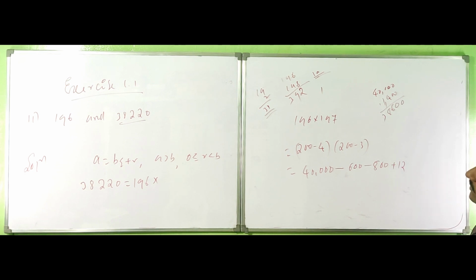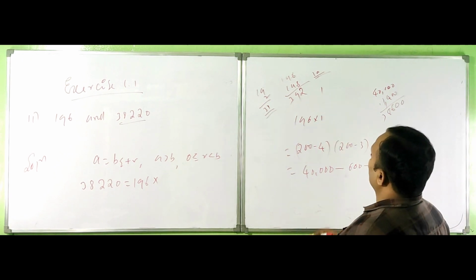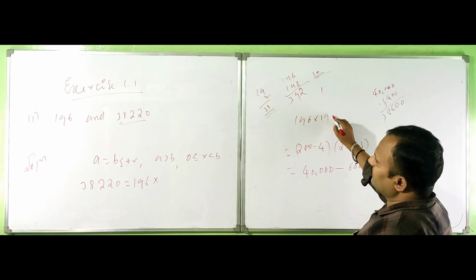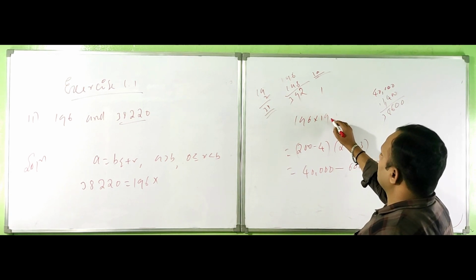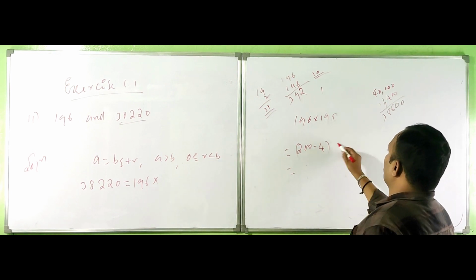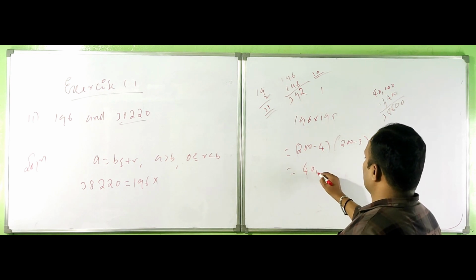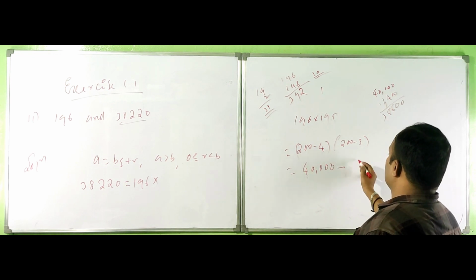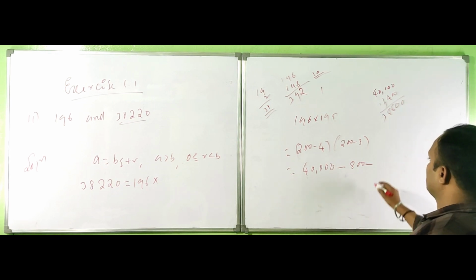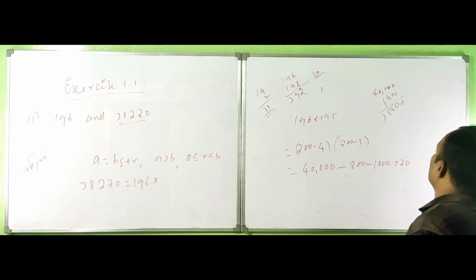We are getting more than the value 196. Let's make it again 195. Make it 200 minus 5. This becomes 40,000 again minus 800, minus 1,000, plus 20.